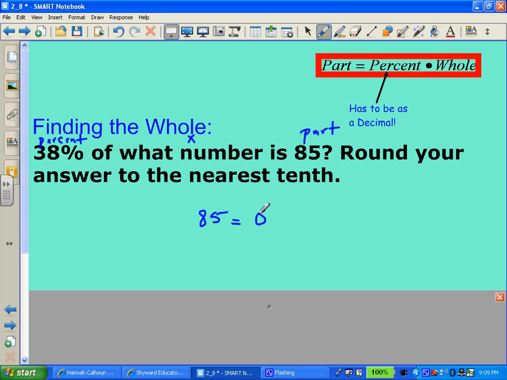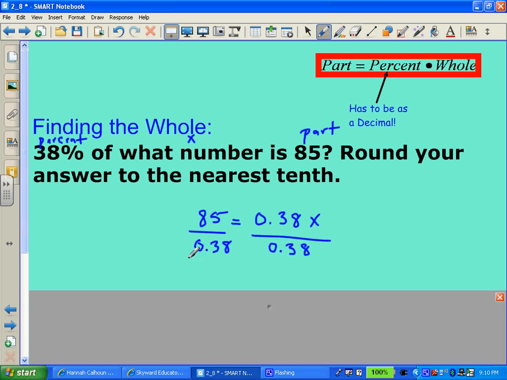So my equation here would be 85 equals 0.38, I have to change it into a decimal, times x. So then I'm going to divide by 0.38 on both sides.